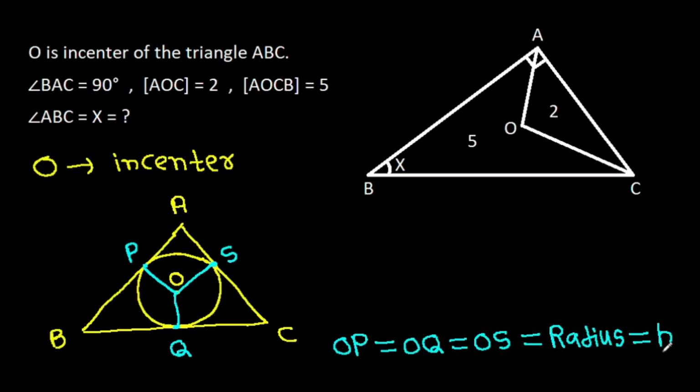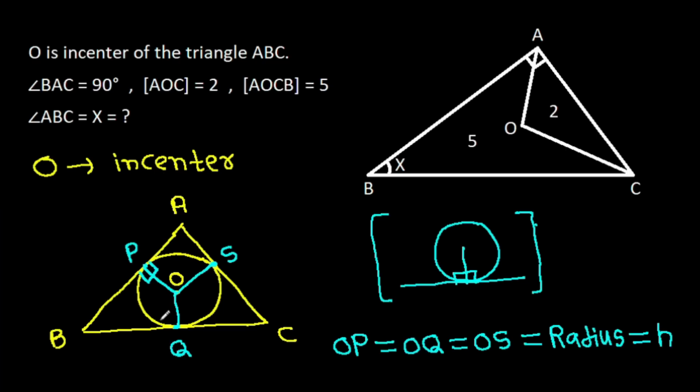And in any circle, radius and tangent are perpendicular to each other. So OP will be perpendicular to AB, OQ will be perpendicular to BC, and OS will be perpendicular to AC.